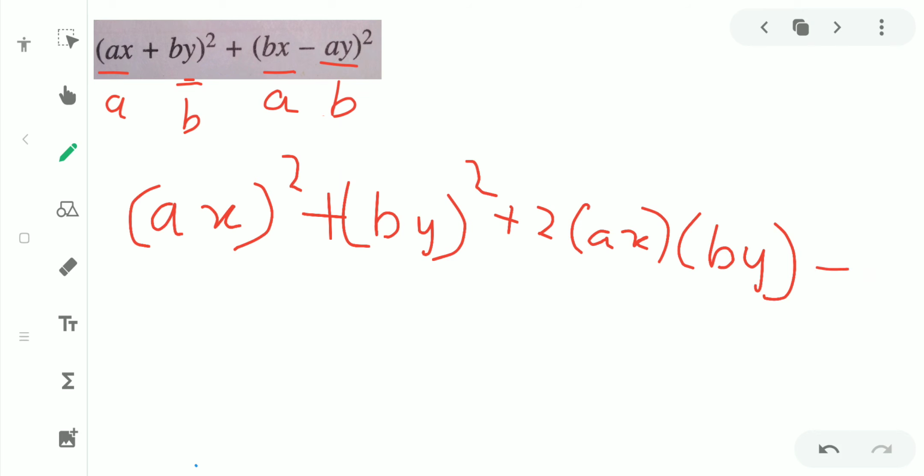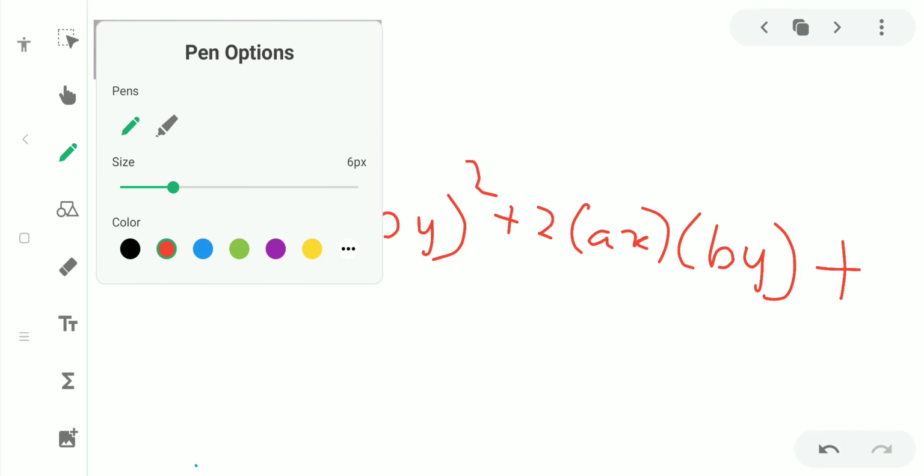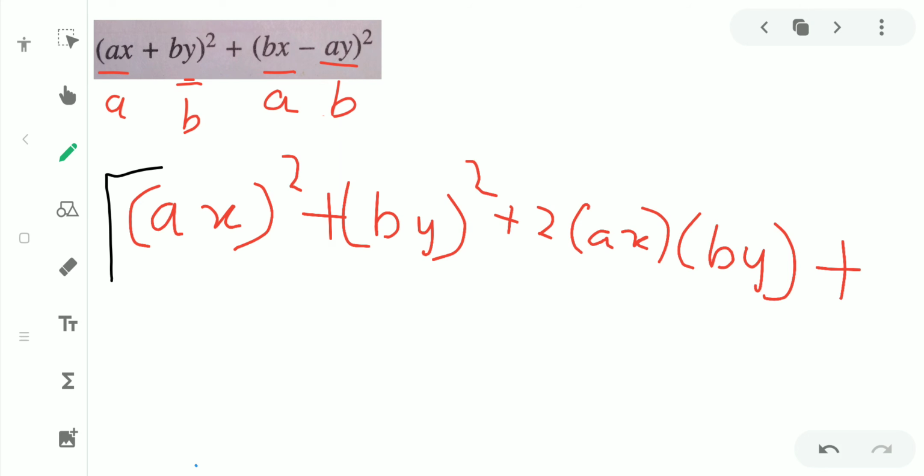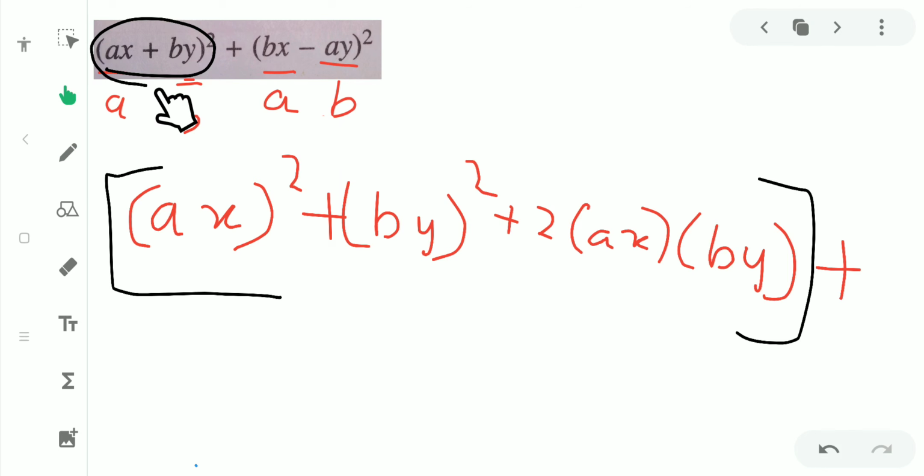So this is the expanded form of (ax plus by), which my finger is pointing. So you can see this whole is the expanded form of (ax plus by).